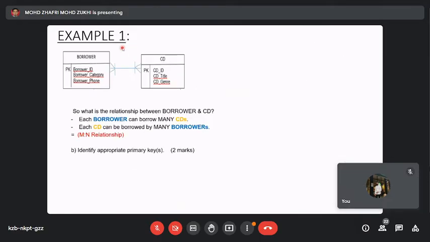Next, we cannot have a direct many-to-many relationship. So what we need to do is create a bridge entity.